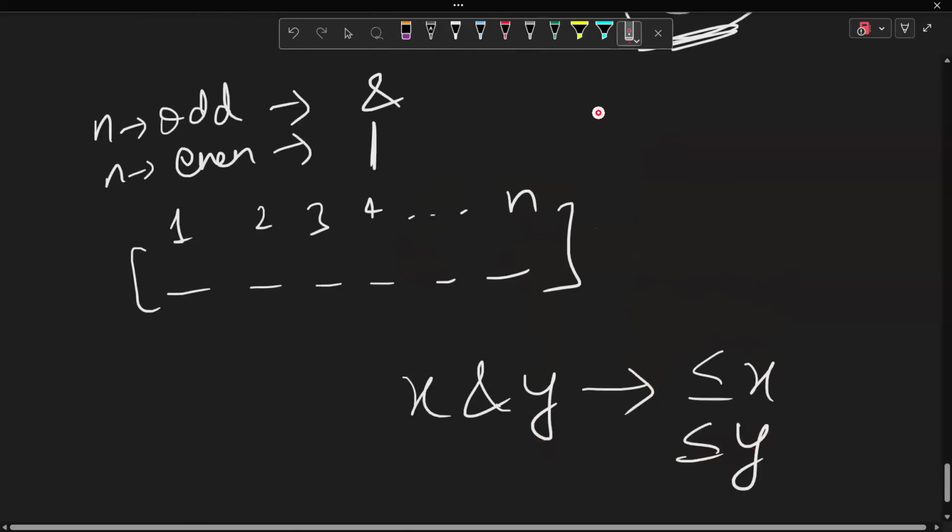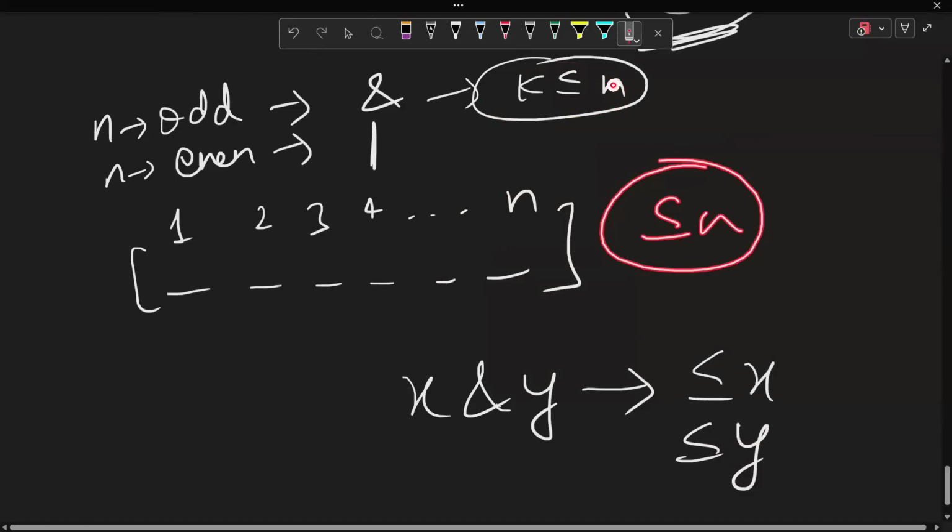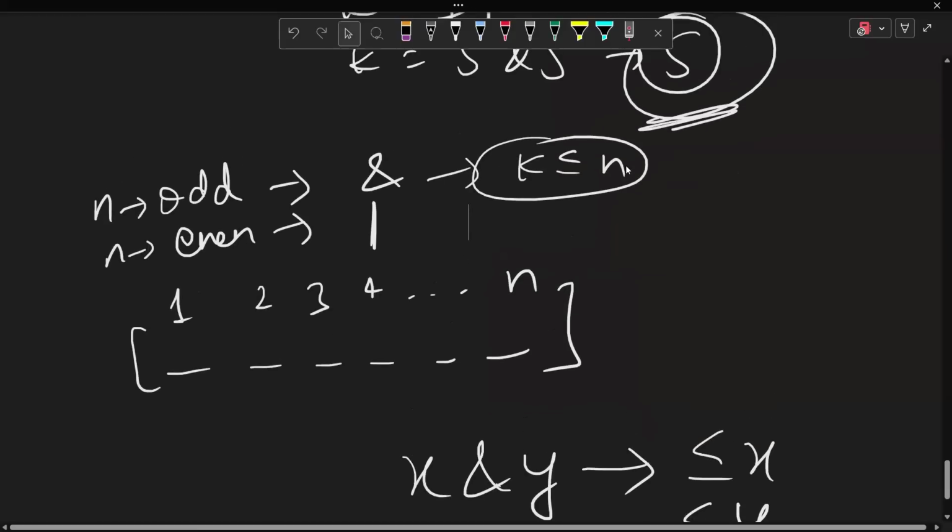So if your final operation is an AND with some number from the range 1 to n, my final K is going to be less than or equal to n only. It can never exceed n, because at last you are doing an AND operation with some number less than or equal to n. So the best you can get for the odd case is n.